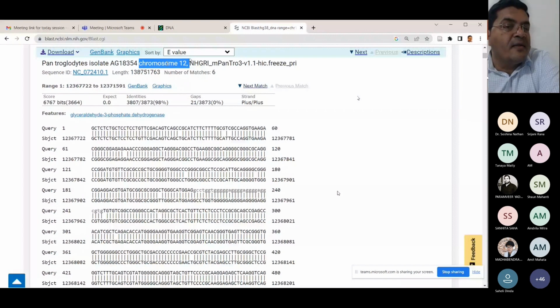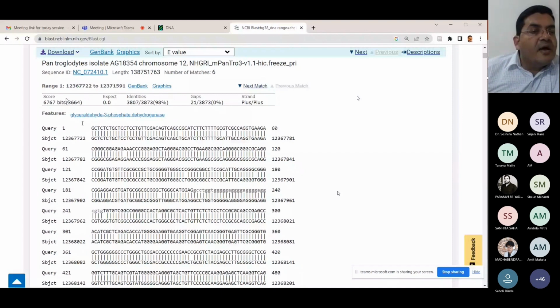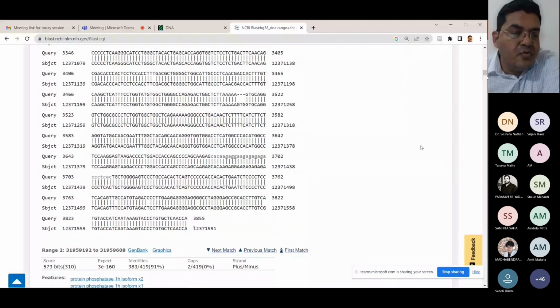It is 138751763 bases long. The number of matches found on this chromosome is 6, and then of course the main match is here. If you look up here, where does our sequence match? The 3855 base pairs match in chimpanzee from position 123677222, which is the starting coordinate here, until the position 123711591.